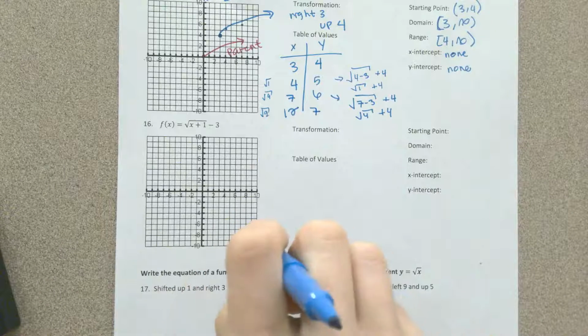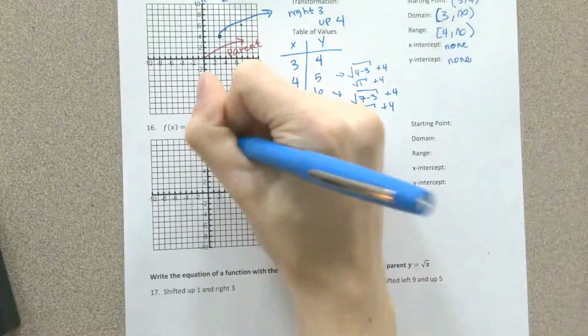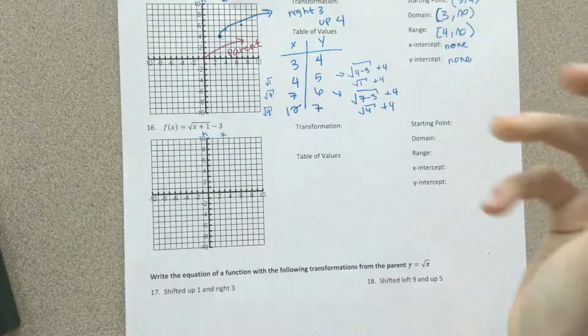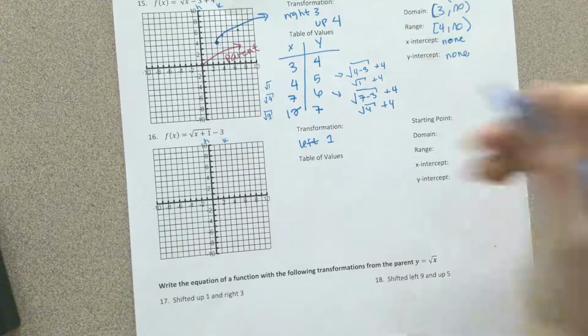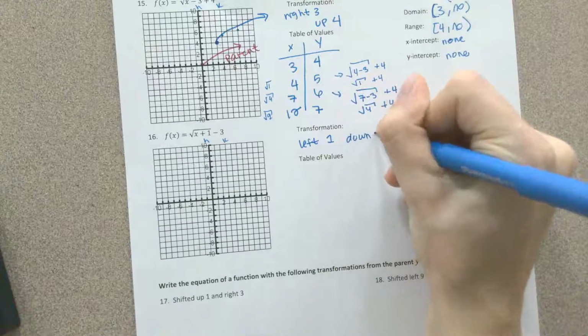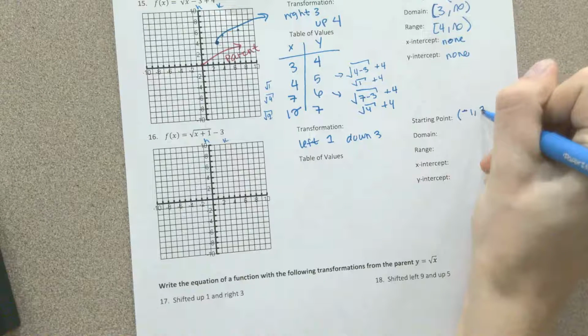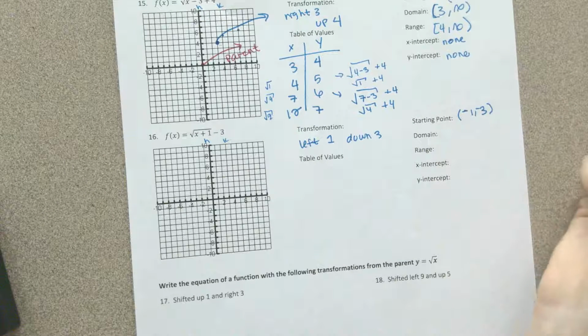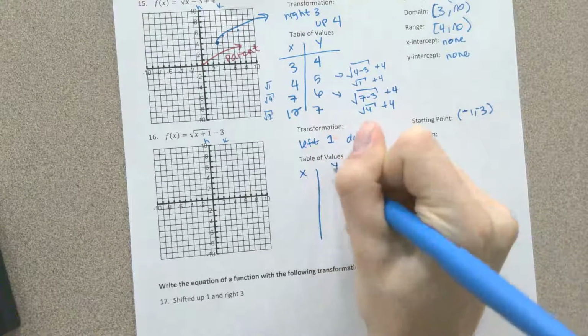For this example, once again, I have h and k. My transformation is going to be left 1, and it's going to be down 3. So my starting point is -1, -3. I have a table of values.